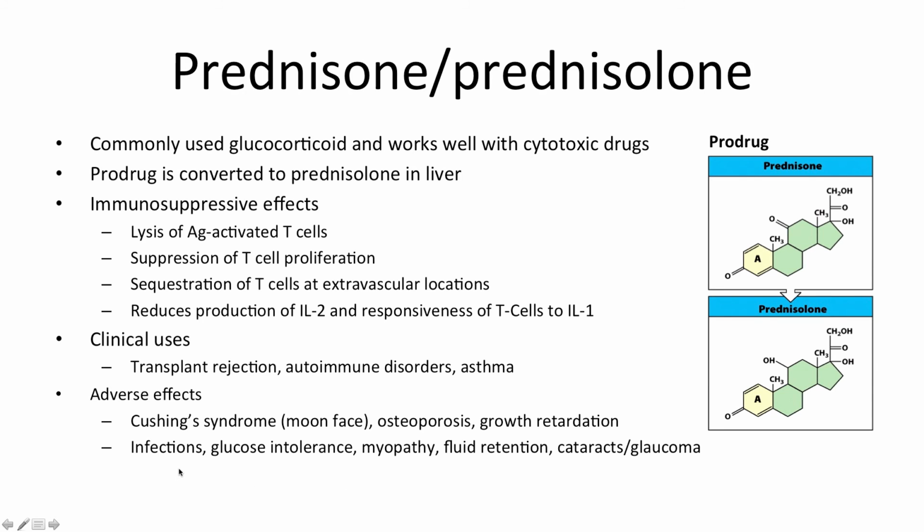Also, long-term use of prednisone can make patients more susceptible to infections. It can also cause a number of other side effects like myopathy, cataracts, glaucoma, glucose intolerance, fluid retention, to name just a few.